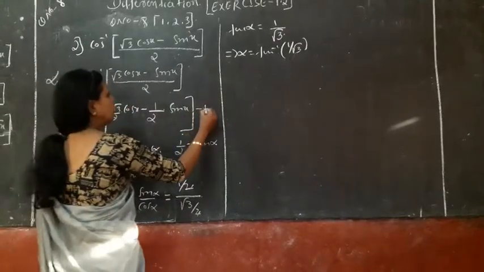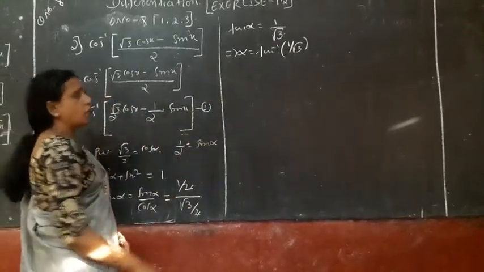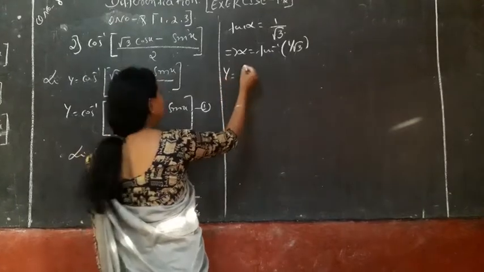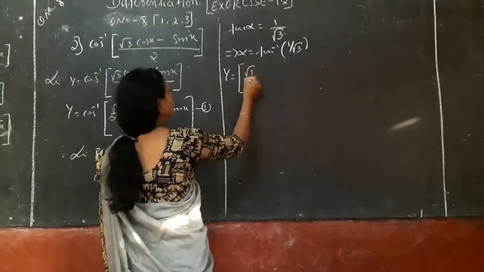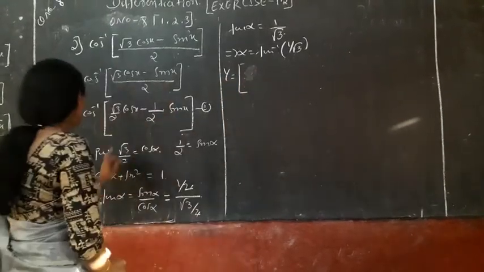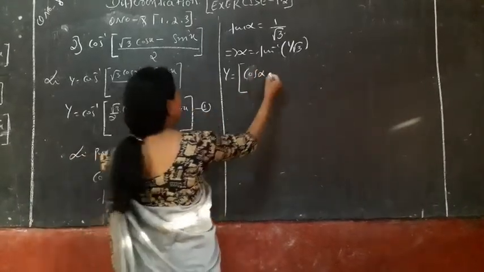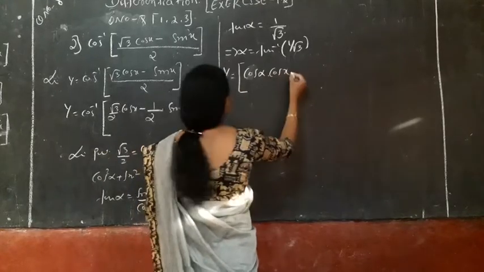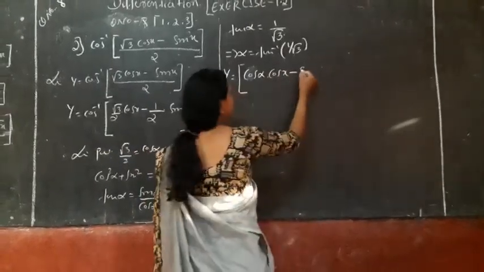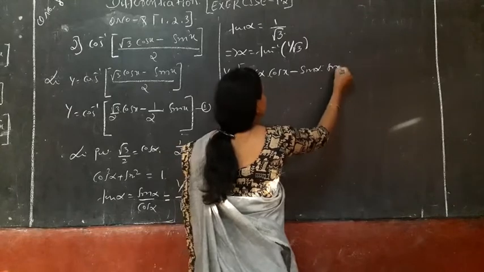Now the equation first, that is, y becomes y equal to, sorry, we have taken root 3 upon 2 equal to cos alpha, next cos x minus sin alpha into sin x.